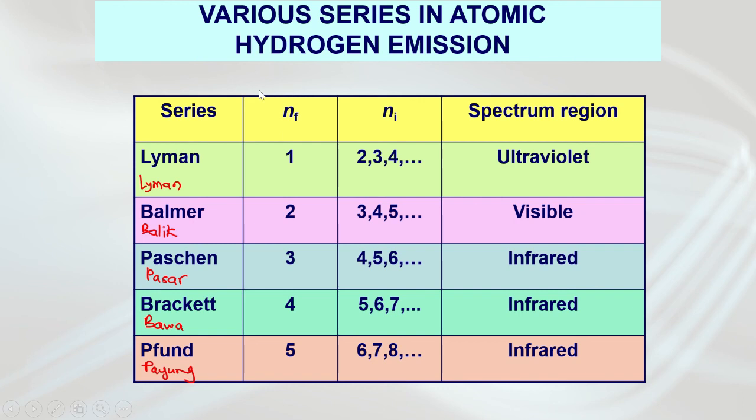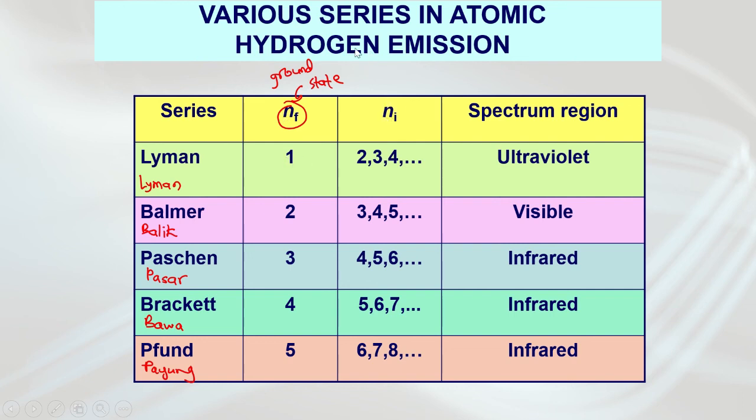So the difference between these is the final energy level. NF means where the electron falls back to, or we can say its ground state. So for the ground state of the Lyman series, n equal to 1. That means the electron will fall back to the n equal to 1 energy level.